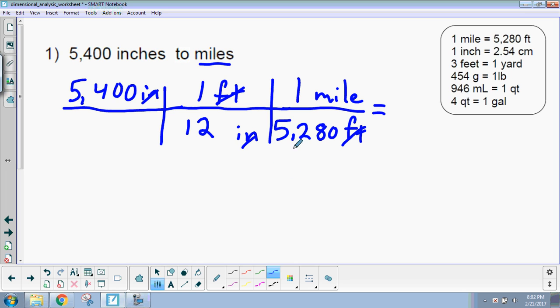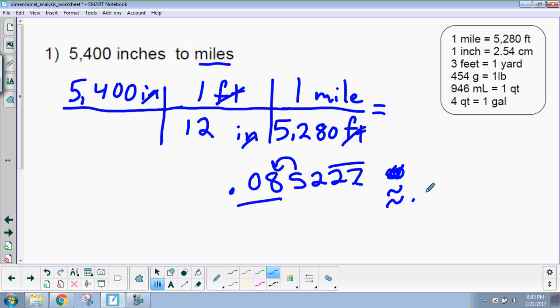I get 0.085227 repeating. 2 decimal places is what I want my answer to be. So this 5 will round that 8 up. So, I'm sorry, 0.09 miles.